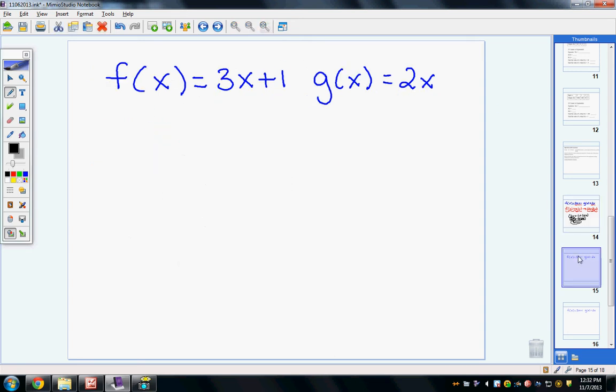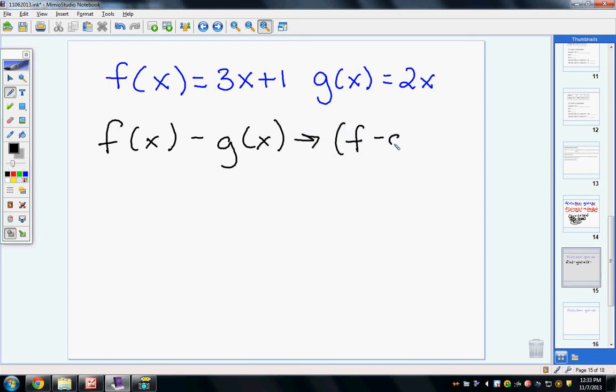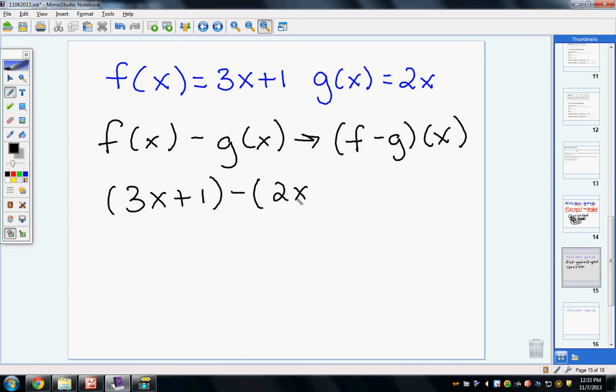Okay, now I'm going to show you an example. Let's say we do f of x minus g of x. And again, just to show you that you may see this written f minus g of x. This is going to be 3x plus 1 minus 2x.